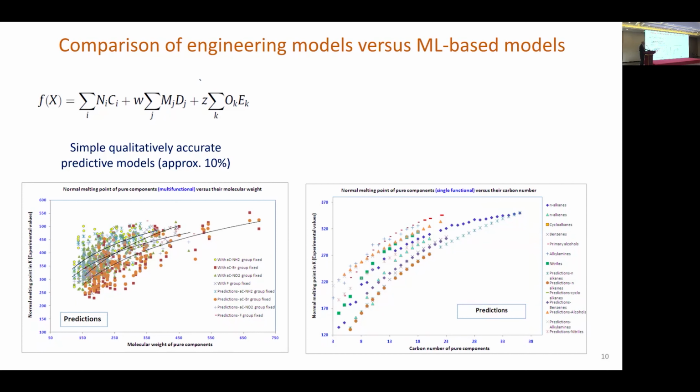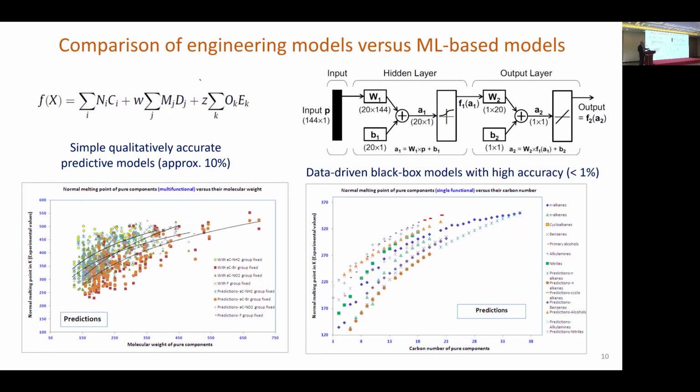That is what I would call simple, qualitatively correct, group contribution based. And we can have 20, that is the number of hidden layers, based on machine learning. The difference is we have 10% approximate error, and they have 1% or less.